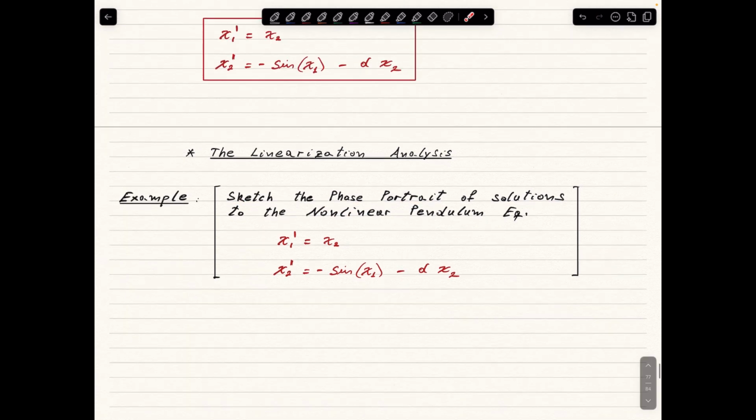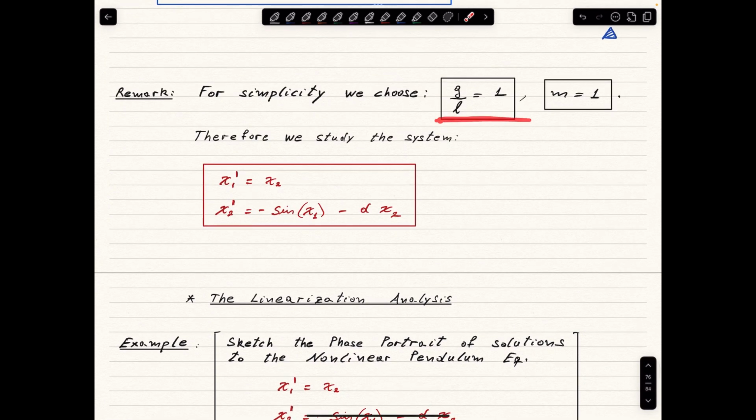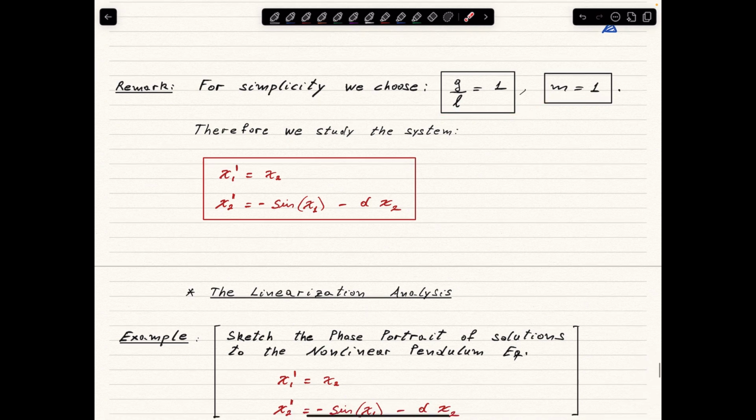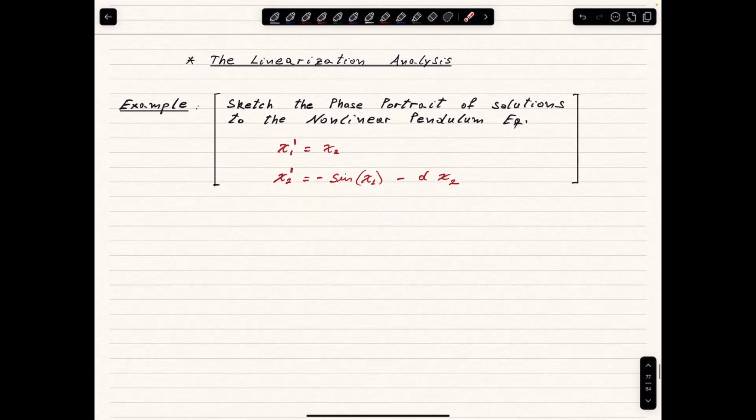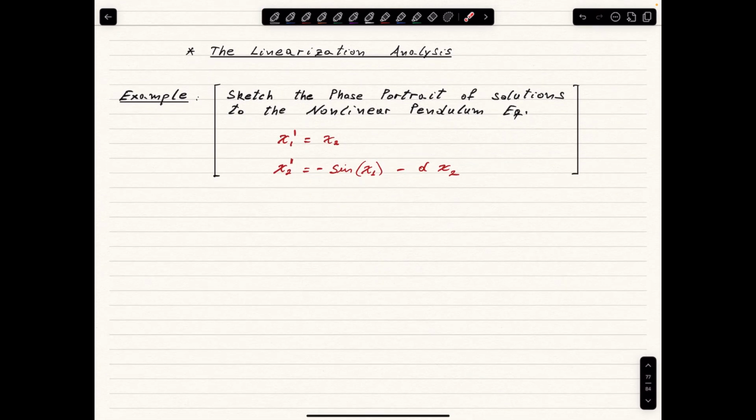Recall, we have these equations because we are in the particular case given by these two conditions to simplify the calculations. Okay, so how do we do the linearization analysis? Like we always have done in the previous videos, we start by computing the vector field of the equation.